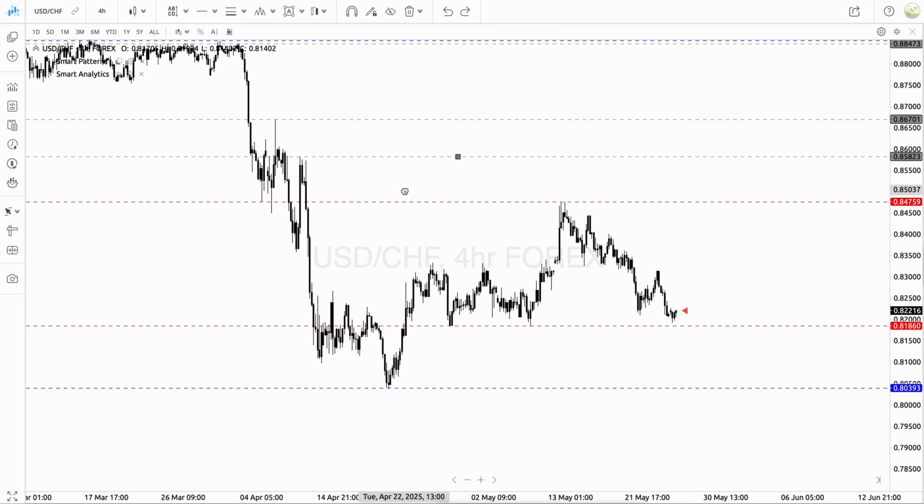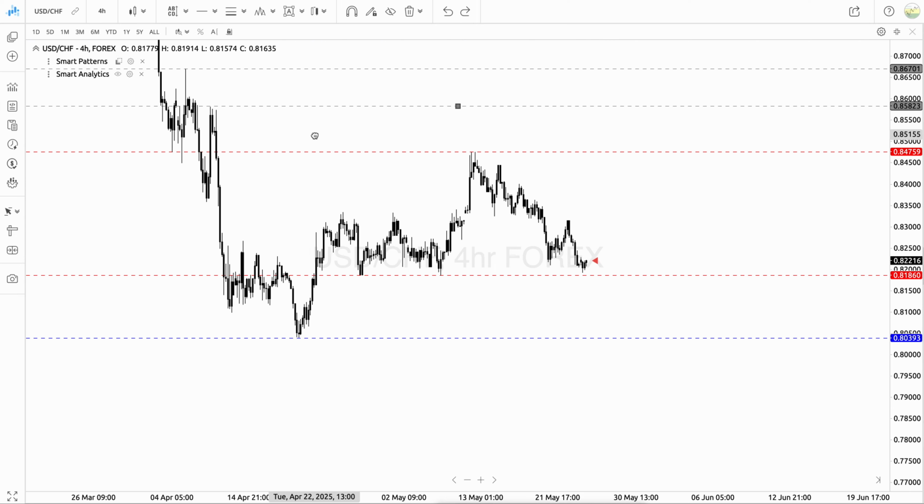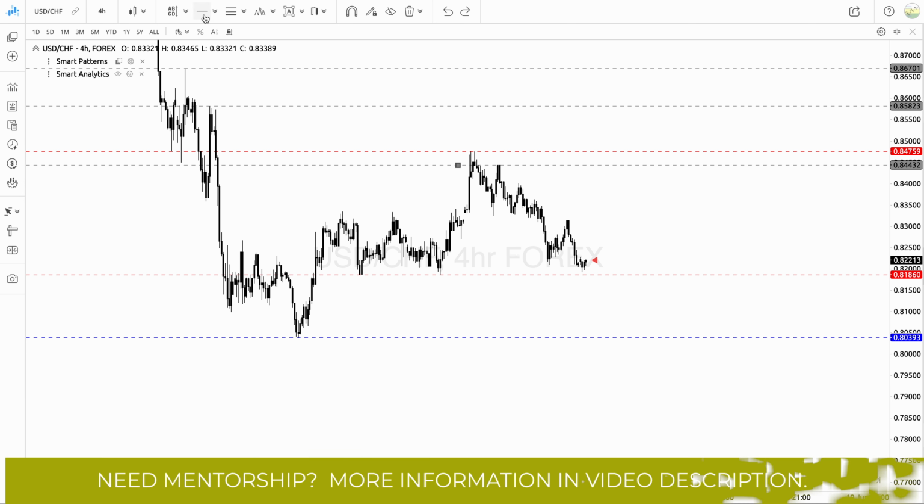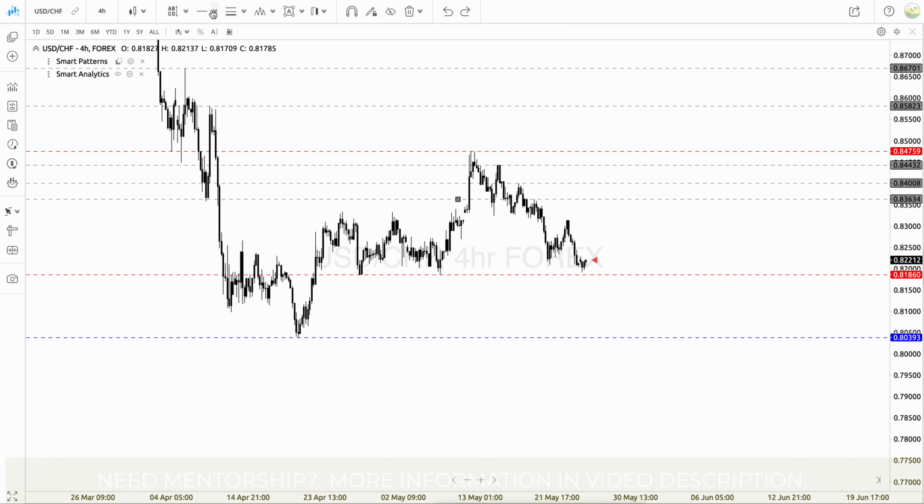That way I know how to move in the market. All right. So I'm just going through, picking up my other levels. And it looks like I got one here, and then also one here.